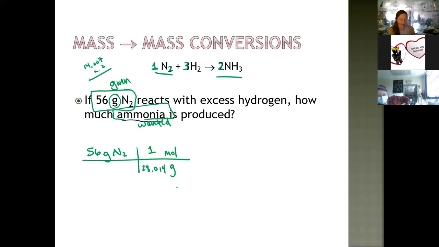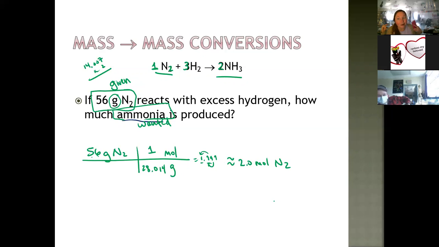So calculator, 56 divided by 28.014 gives us 1.999, lots of decimal places. We need to keep 2 sig figs. That 9 is going to turn into a 0, which turns the 1 into a 2. So we've got just about 2 moles of nitrogen gas.